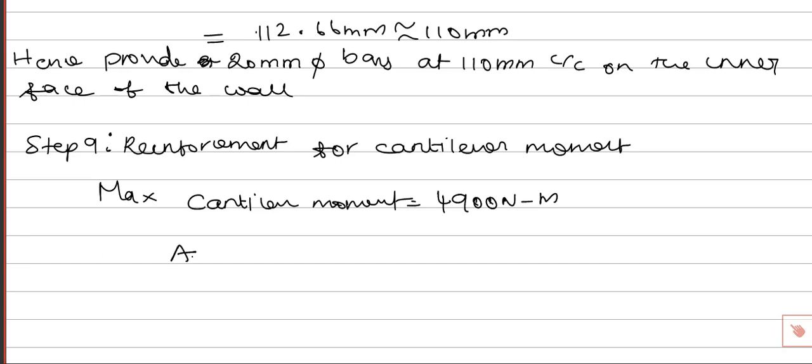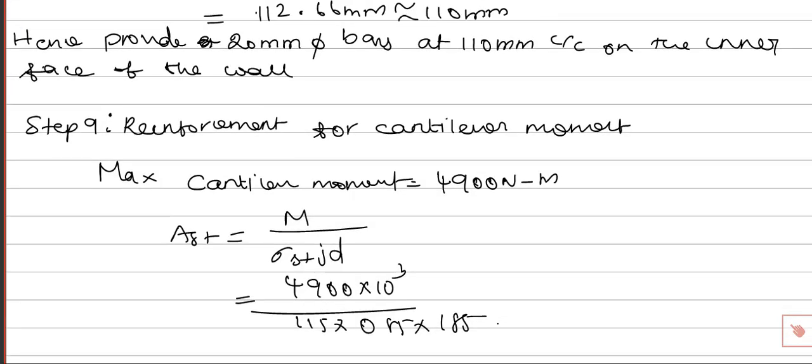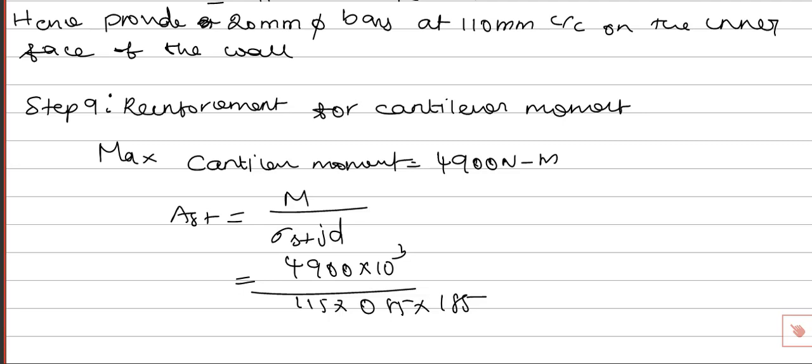So AST is equal to M by sigma_st j d, that is 4,900 into 10 power 3 divided by 115 into 0.85 multiplied by 185. So what is the answer? 270 mm square. So it is a very low value, right?